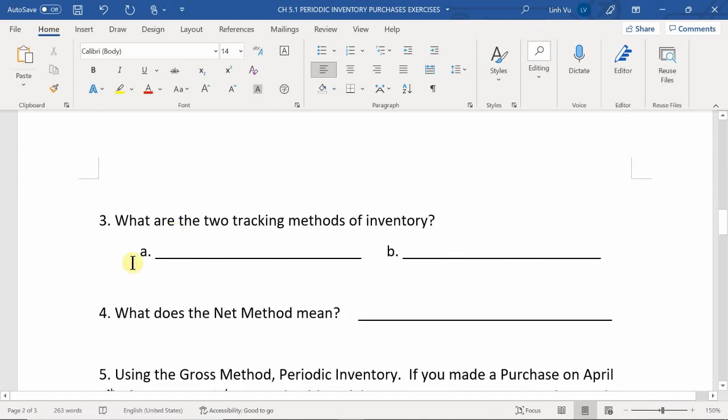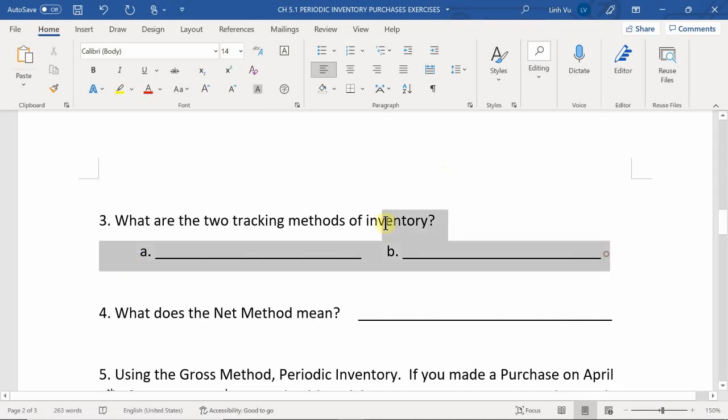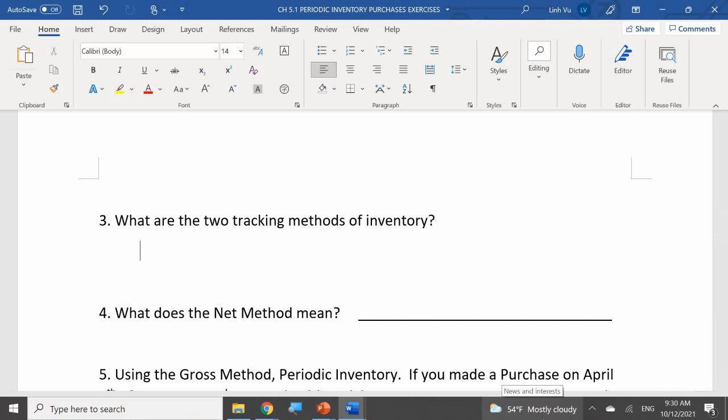All right. What are the 2 tracking methods of inventory? Periodic and perpetual. Good.